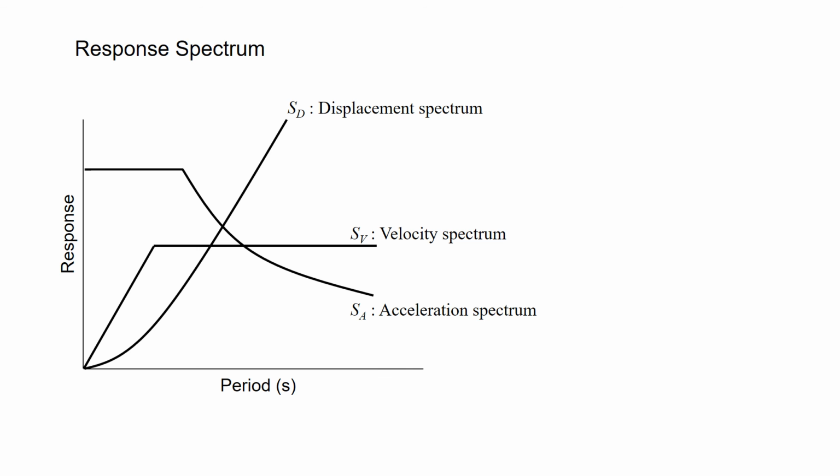They show different curves. SD increases with the natural period, SCA decreases, and SV is flat. SD, SV, and SCA have these relations.